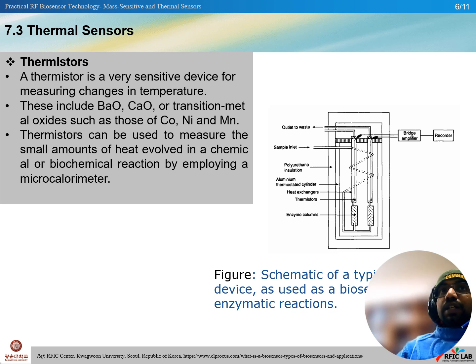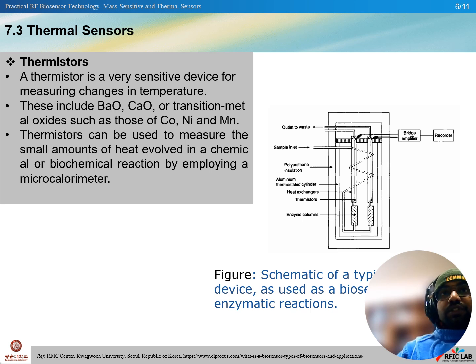Now our third sensor is the thermal sensor. The thermal sensor is further classified into three, that is the thermistor, and later we will discuss the other two. Now a thermistor is a very sensitive device for measuring changes in temperature.